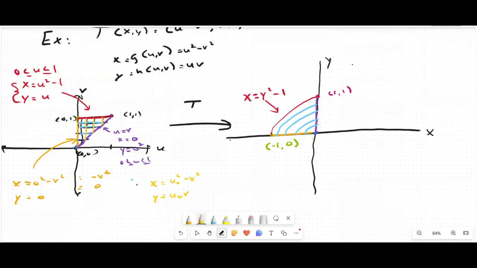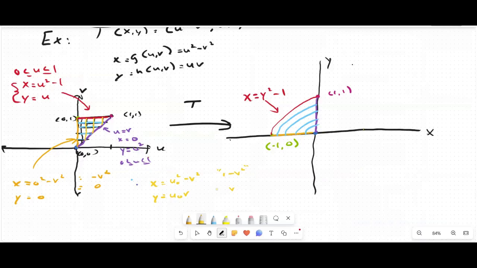Let's see, what's the easiest way to see one of these? Just for the sake of visualization, plug in one first. So just imagine 1 minus V squared and V. 1 minus V squared looks like this.